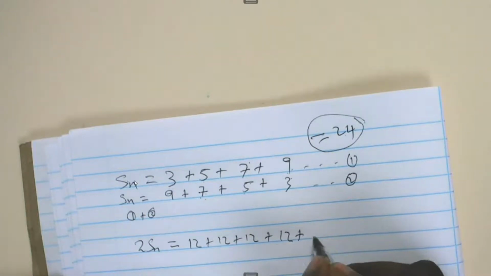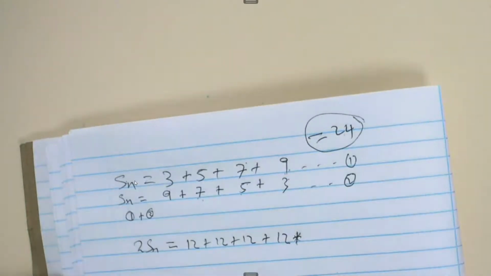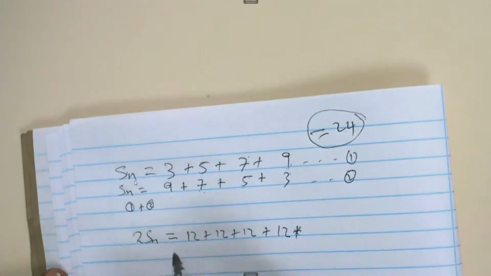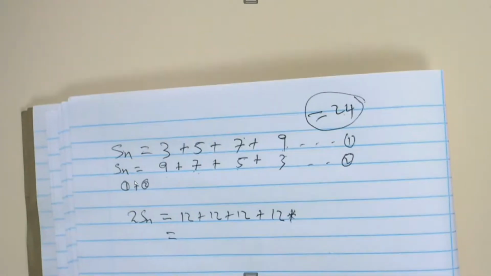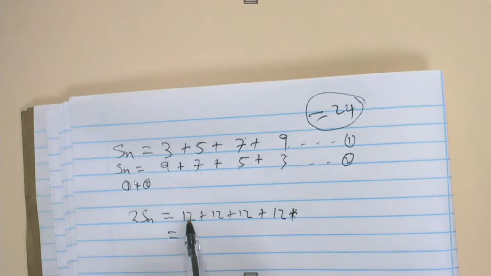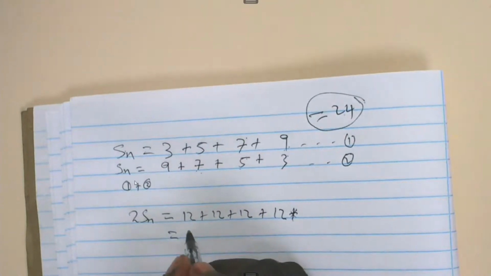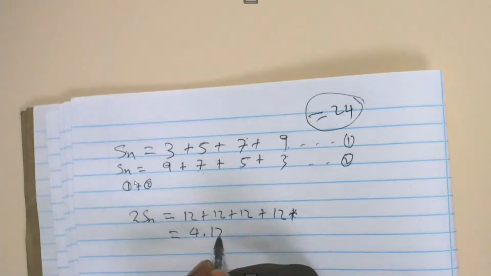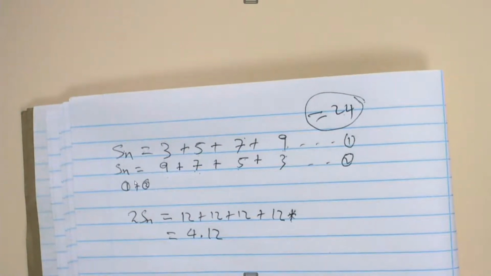This process continues. Now, how many 12s do we have? 1, 2, 3, 4. Therefore, this can be 4 multiplied by 12 because we have four 12s there.